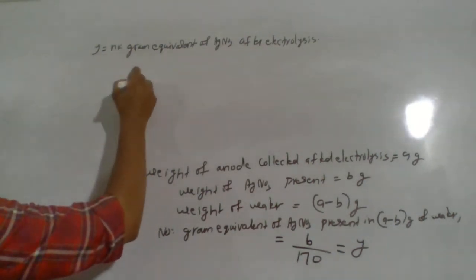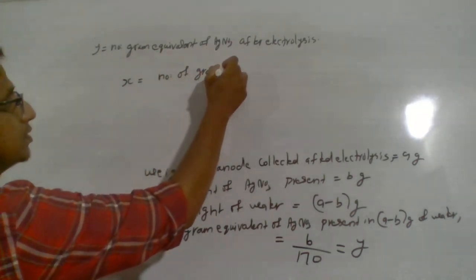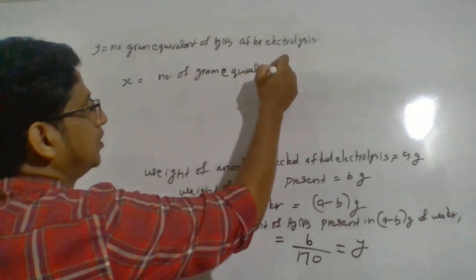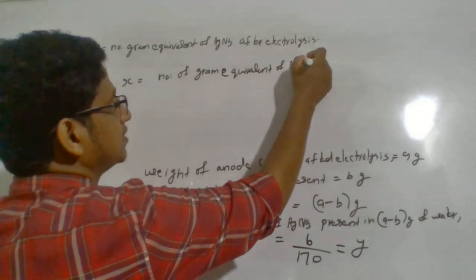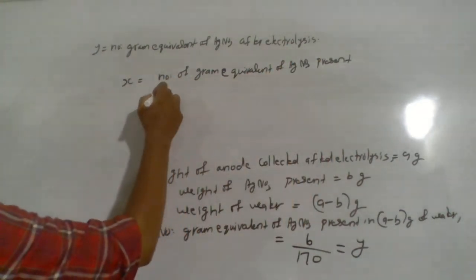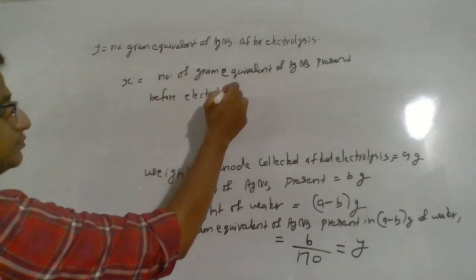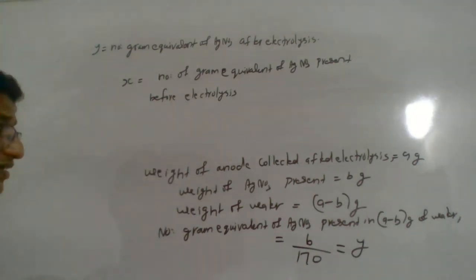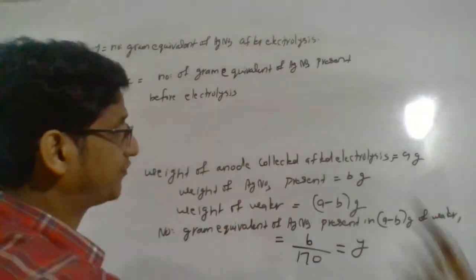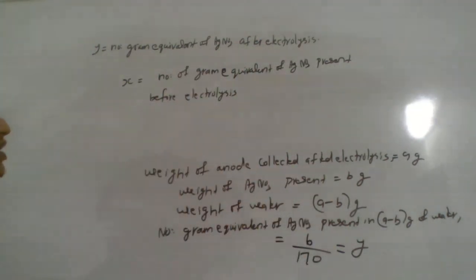What is Y? It is the number of gram equivalents of silver nitrate after electrolysis, and X is the number before electrolysis.